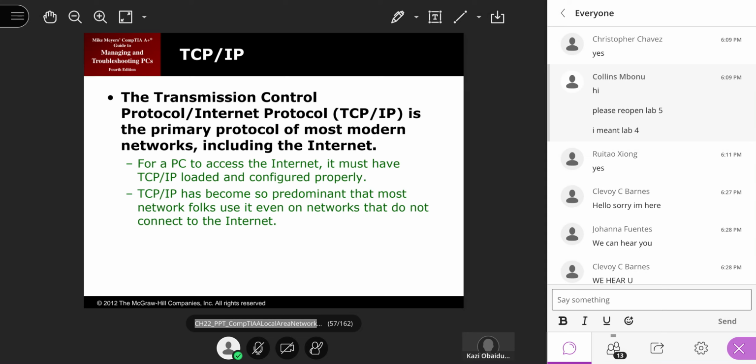Without this, if we do not load this in your computer, that computer we cannot use in the network for internet communication. Okay, it's very important. TCP/IP has become so predominant that most networks use it, even networks that do not connect to the internet. It's very important.